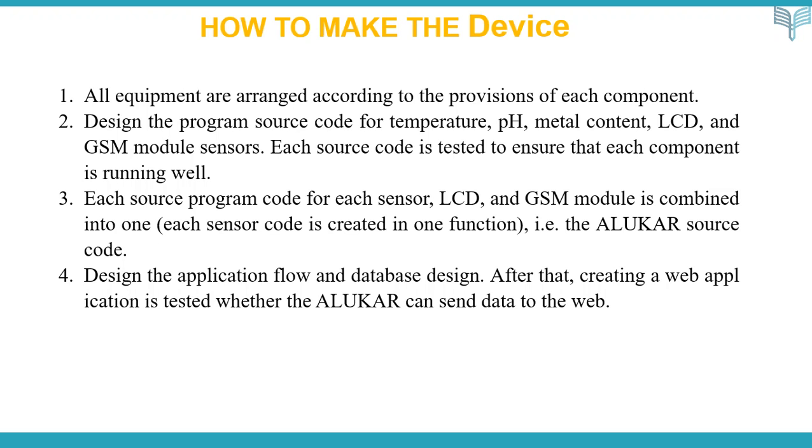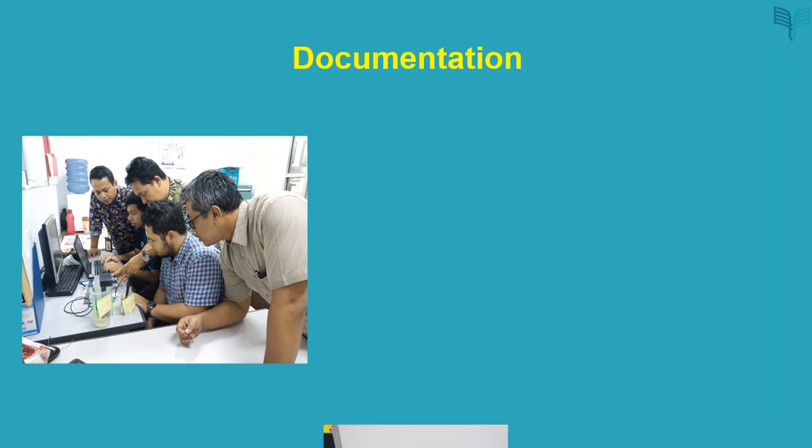Each source program code for each sensor, LCD and GSM module is combined into one, so that each sensor code is created in one function, for example, the ALUKAR source code. 4. Design the application flow and database design. After that, a web application is created and tested to see whether ALUKAR can send data to the web. So this is the documentation of our project.